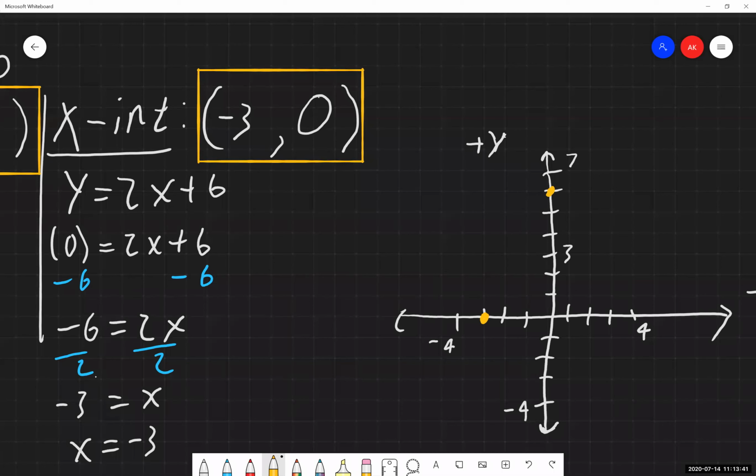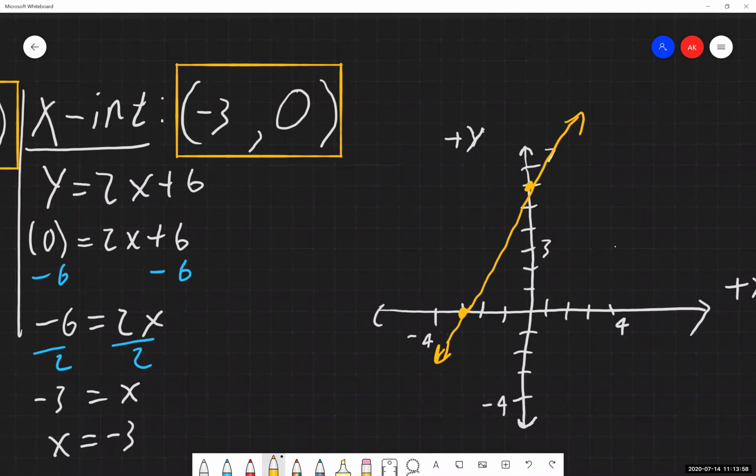Okay, something about like that. And there we have our graph based on just using our 2 intercepts, which we are perfectly okay with doing.